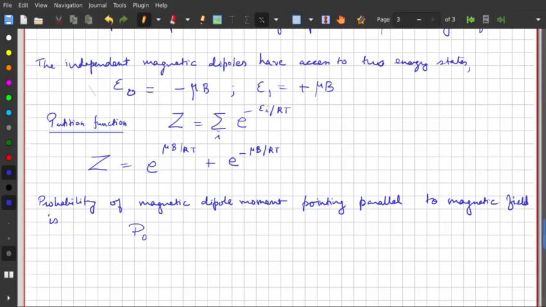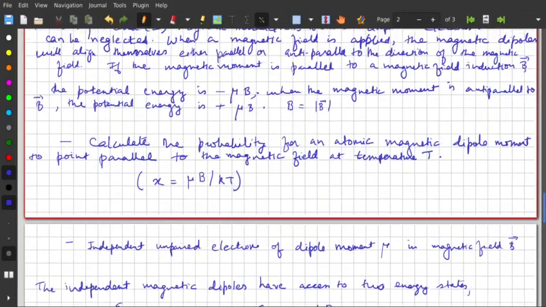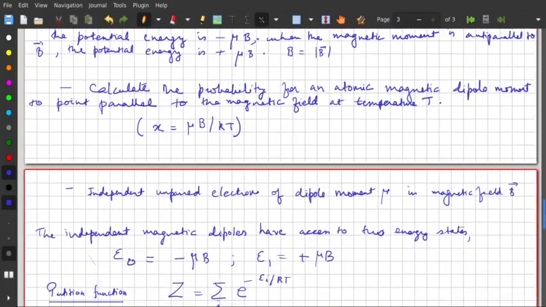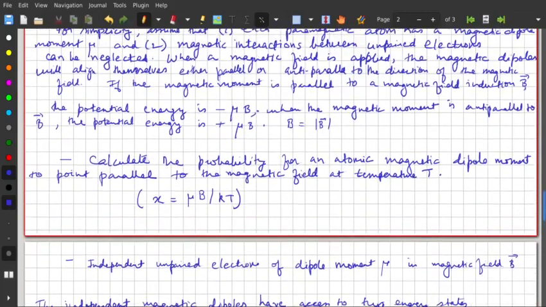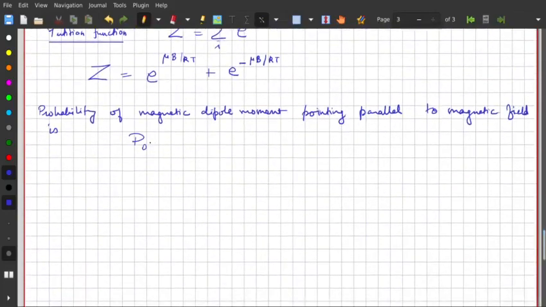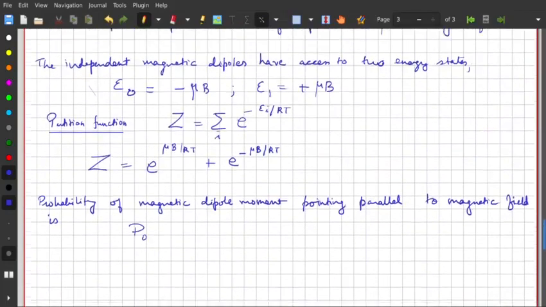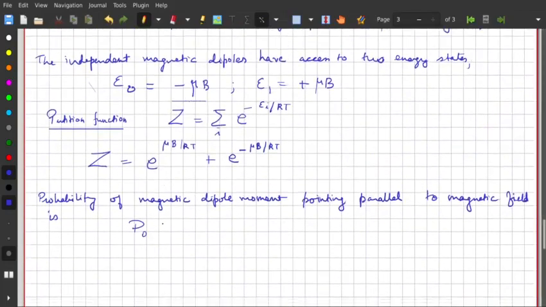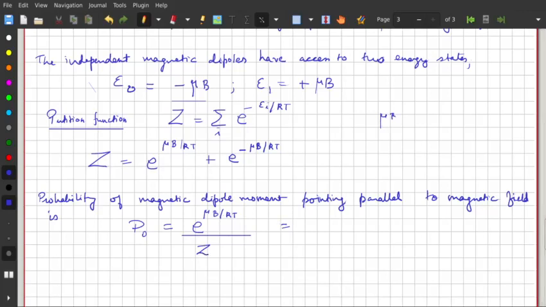It's parallel because when it is parallel it has the energy state of minus mu B. When it is anti-parallel, it's plus. So that corresponds to the 0th energy state, which becomes e to the power mu B by kT divided by the partition function, and therefore let's use the grouping mu B by kT, call that x.